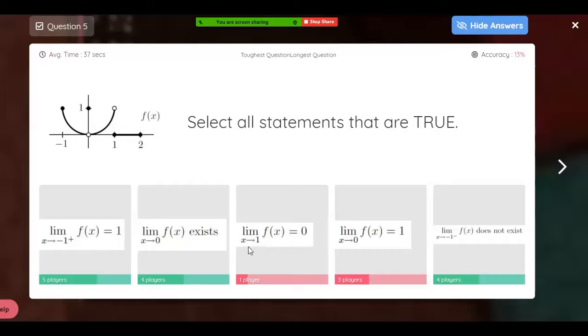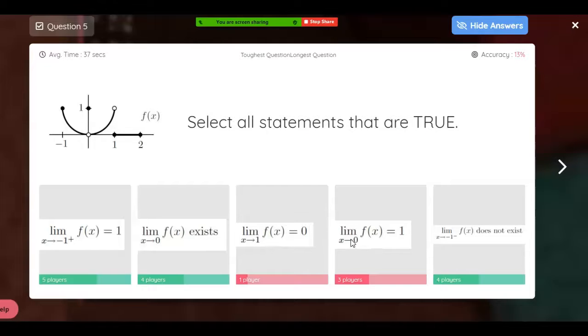Number 3, the limit as x approaches 1 equals 0. This is false because the limit as x approaches 1 from the left is 1, and from the right is 0. Therefore, the left-hand limit does not equal the right-hand limit, so the limit does not exist.